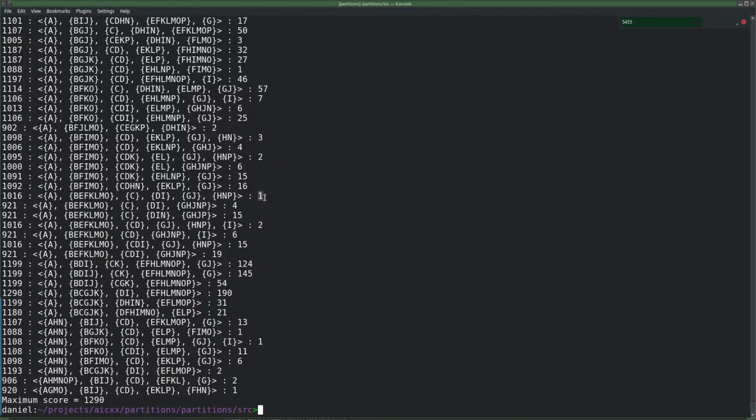So I randomly generate 1000 partitions, and then I run my algorithm on them, which shuffles the elements back and forth between the groups, trying to find a higher score. And there was only one that got stuck at this local maximum. So the actual maximum is 1290. Oh, I see it already here. Okay, that has 190.